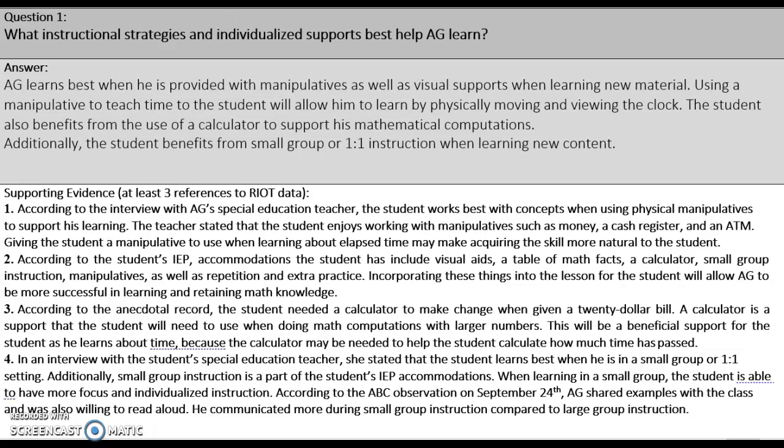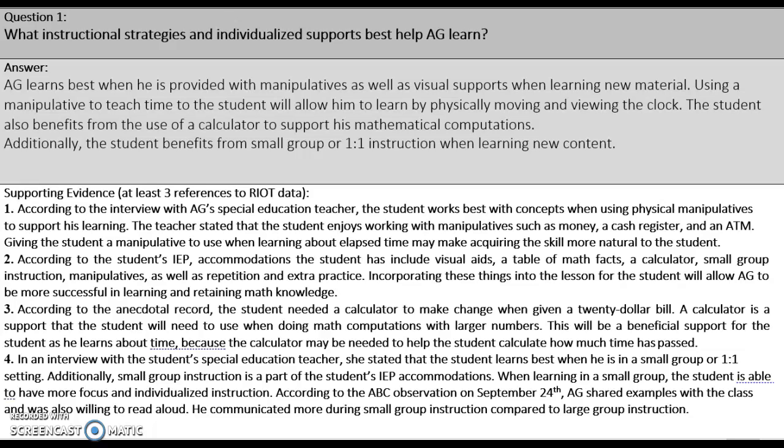So as you can see under number 1, they are referencing an interview with AG's special education teacher, in which the teacher said that the student works best with concepts when using physical manipulatives to support his learning. He enjoys working with manipulatives, and giving the student a manipulative to use when learning about elapsed time may make acquiring the skill more natural to the student.